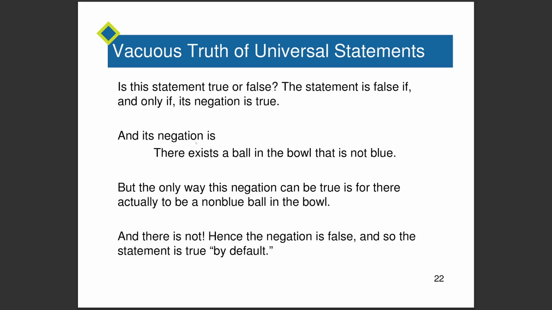Its negation is: there exists a ball in the bowl that is not blue, but the bowl doesn't have anything in it. The only way this negation can be true is for there actually to be a non-blue ball in the bowl, and there is not. Hence, the negation is false, and so the statement is true by default.